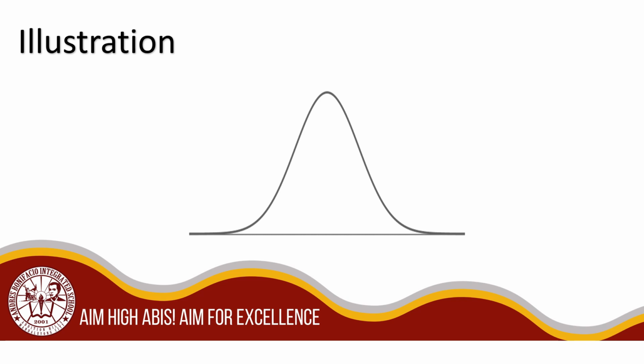So pag sinabi natin asymptotic, so yung curve ay getting closer and closer to the horizontal line, but it never touches. So wag lang natin masyadong dito sa graph na ito, kasi parang nakikita natin dikit na yung curve dun sa horizontal axis. But in the true meaning of this, it should not be touching the horizontal axis.